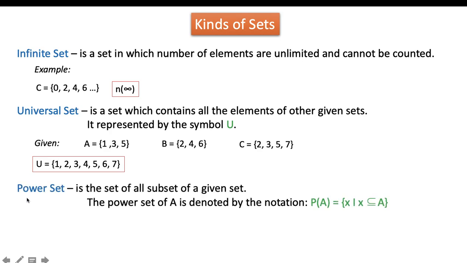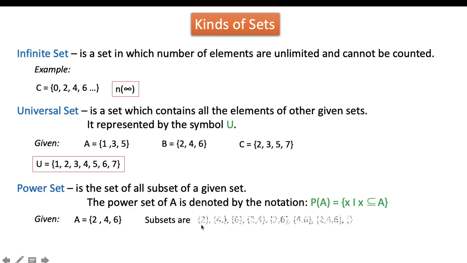When you say power set, it is the set of all subsets of a given set. The power set of A, for example, is denoted by P(A) equals the set of all x such that x is a subset of A. For example, given set A containing 2, 4, 6, first we identify all its subsets.